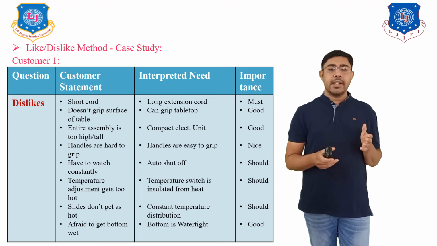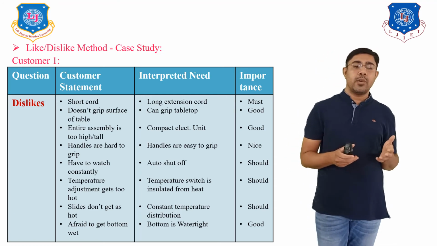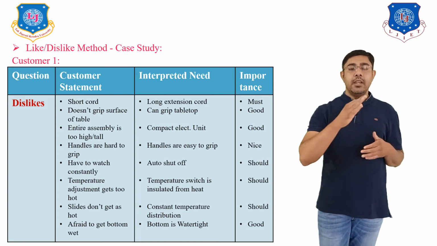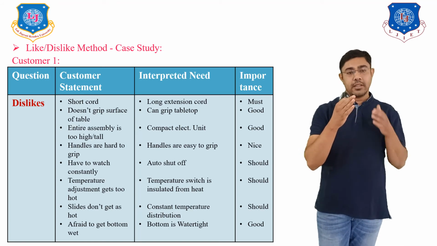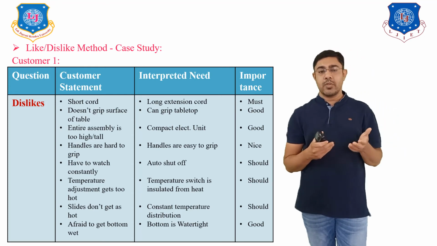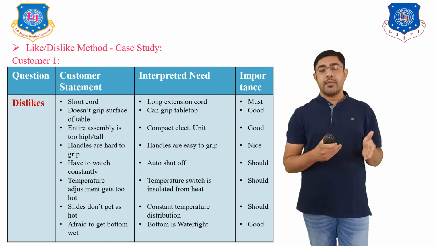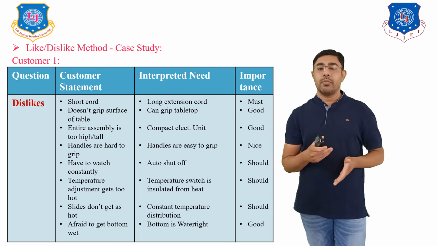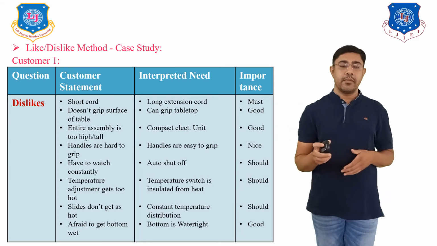So this is the dislikes row in the like-dislike form, where the customer statements are recorded in the second column during the interviews, and after completion of the interviews the interpreted need has to be mentioned in the third column.